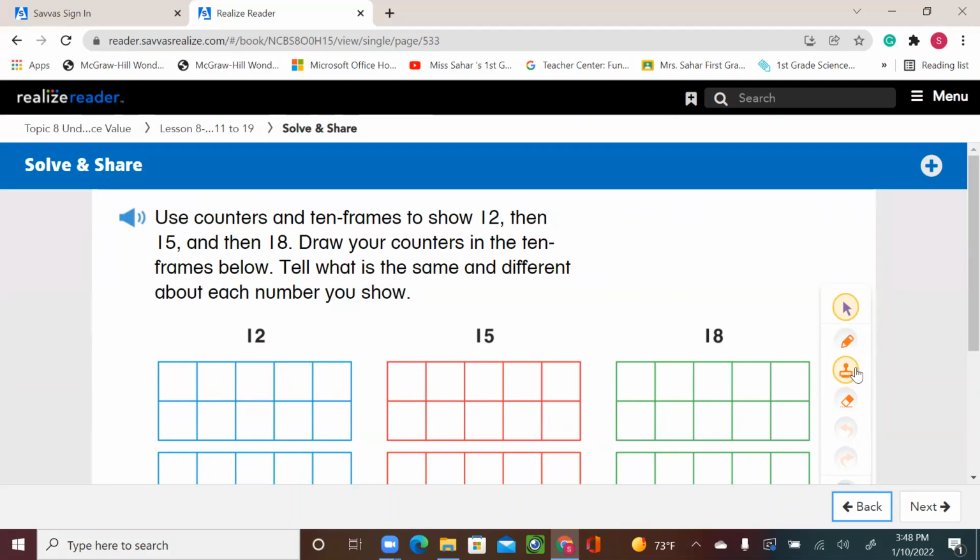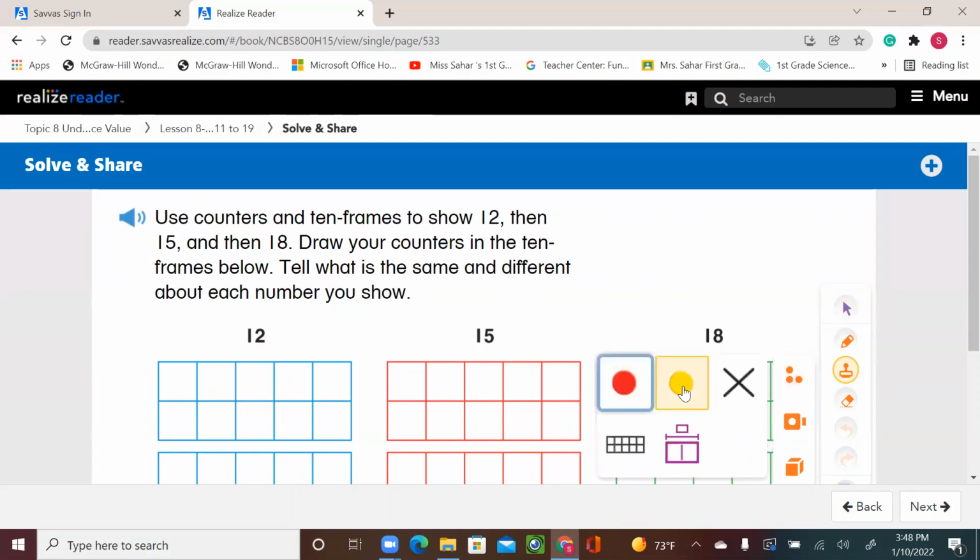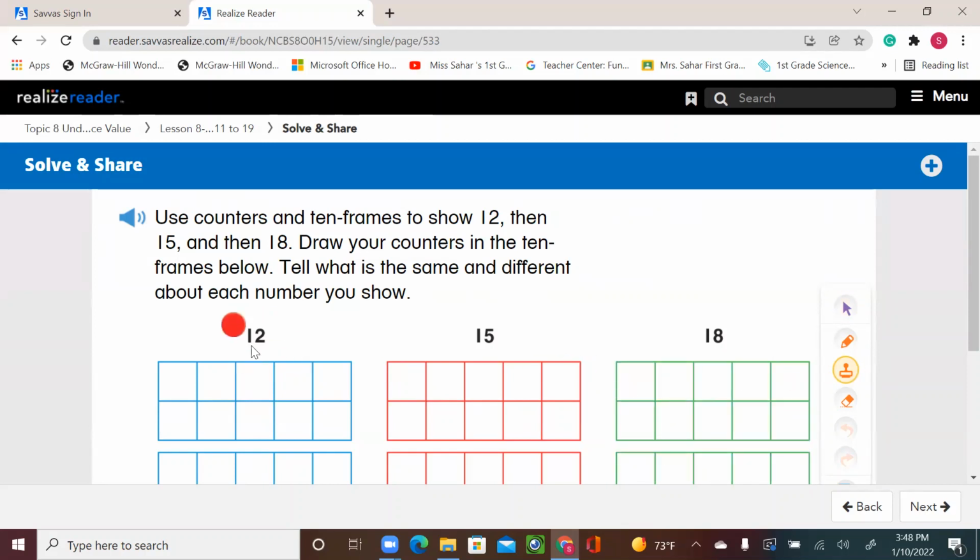So let's use our counters and do the first number, number 12. That means I have the first 10 frame. I don't need to count. You know, there's 1 ten. So I'm filling the first 10 frame with 10 counters. And then I have 2 ones.